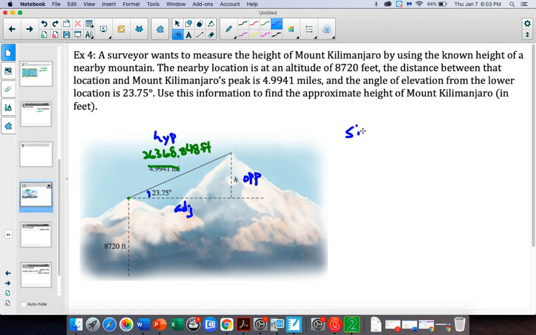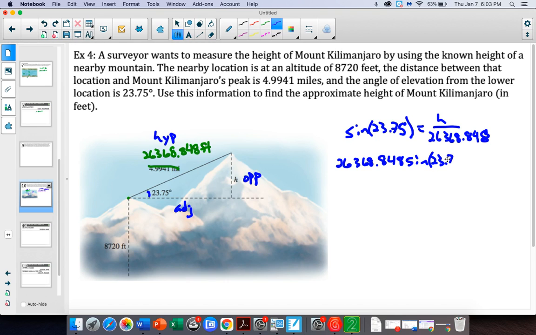So my setup will be sine of 23.75 degrees equals h over 26,368.848. So then all I would need to do is multiply this over to get h by itself. And we can put that into the calculator.